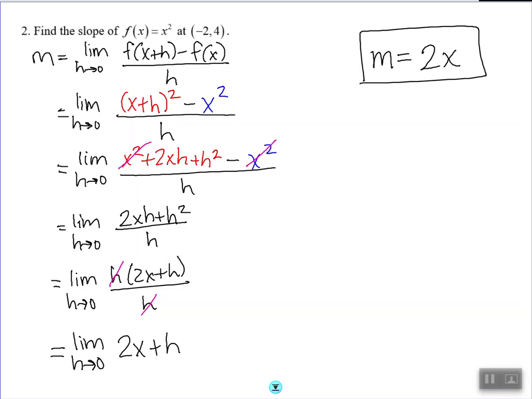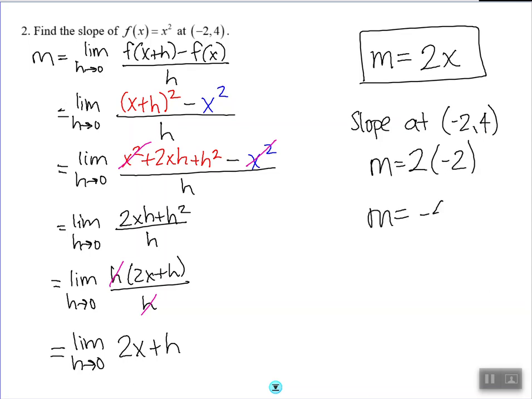So as I mentioned earlier, we have a function as our slope. In this particular problem, we want to know the slope at the point negative 2, 4. So to figure this out, I'm going to take this function and plug in negative 2 for x.